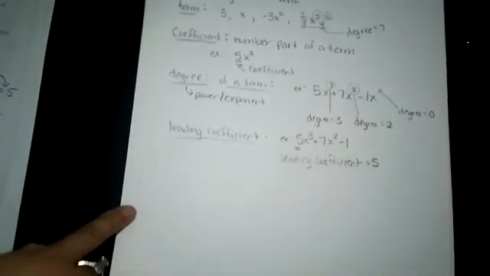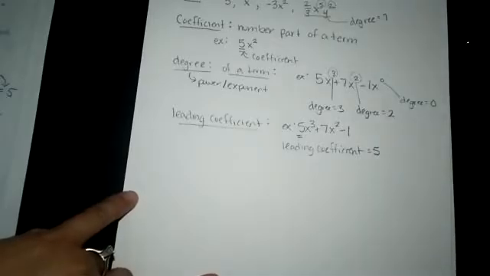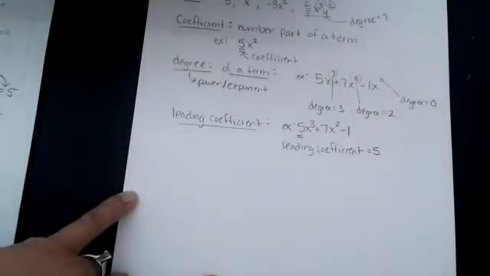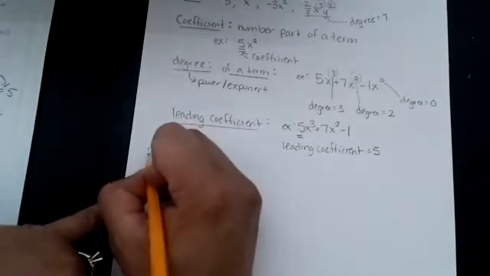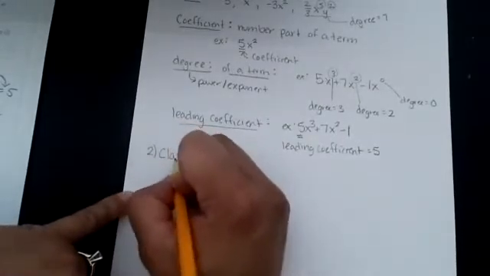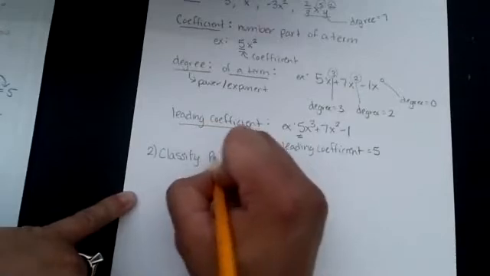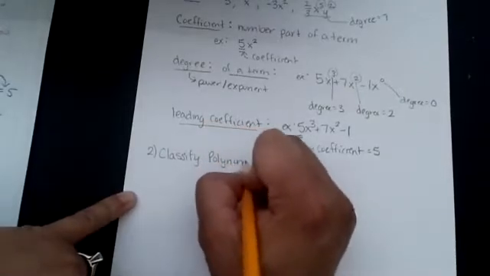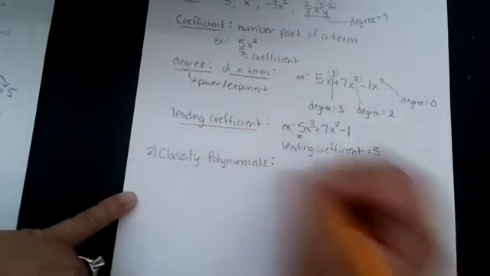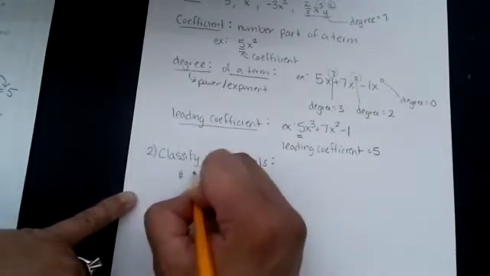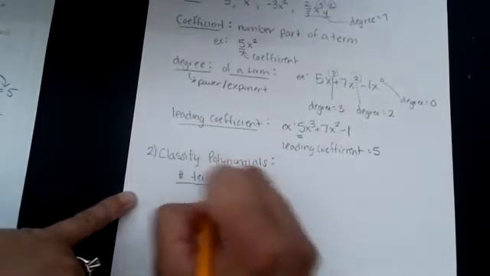All right, next we're going to go into classifying. Let me see if this light makes it worse. Okay, next we're going to go into classifying polynomials. So on classifying polynomials, let's first do the number of terms.